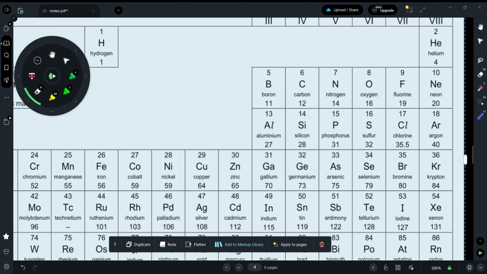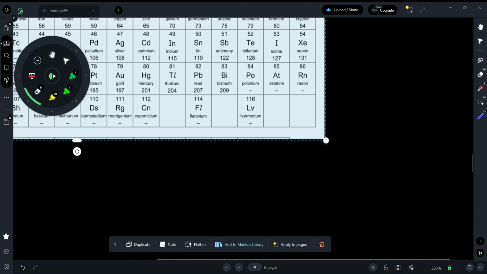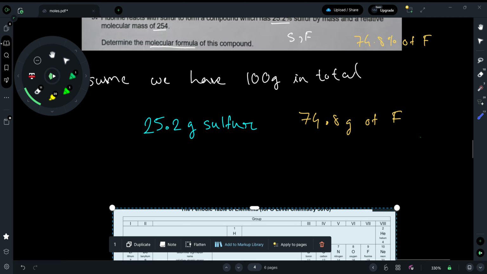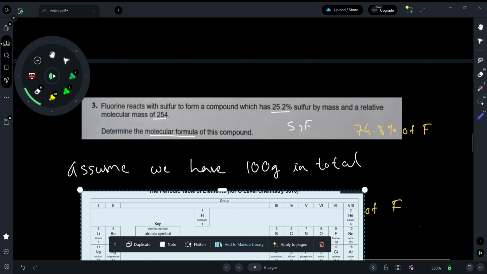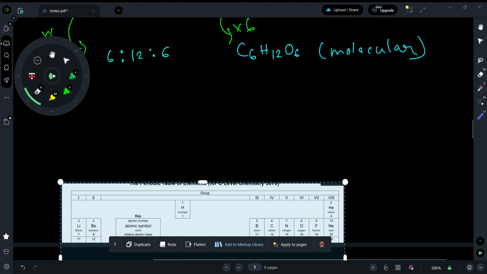Paste. Okay, so there's our periodic table, and you can see that 19 is the mass number of fluorine, and the mass number of sulfur is 32. So let's put this on the previous page.